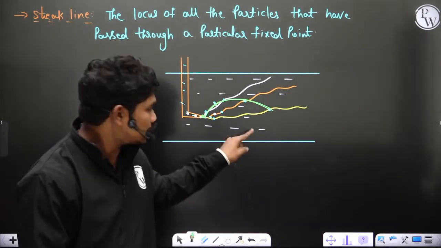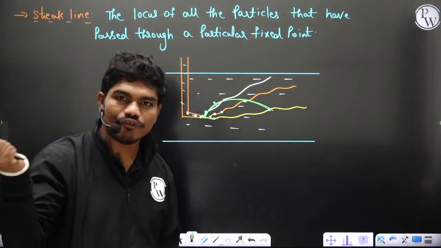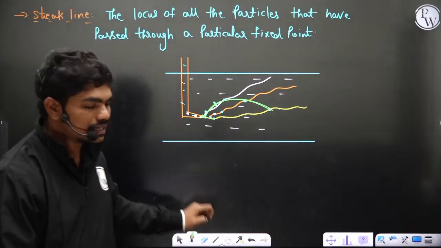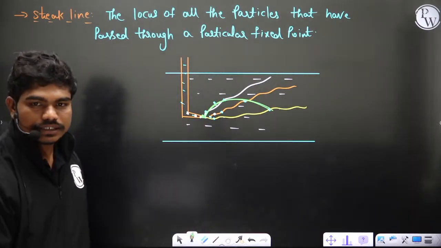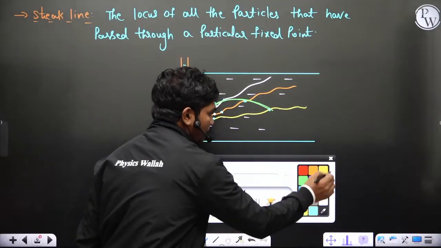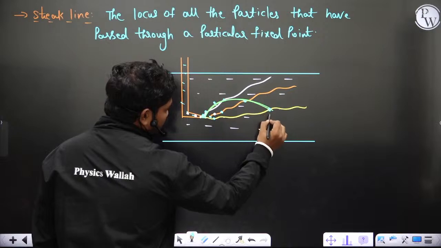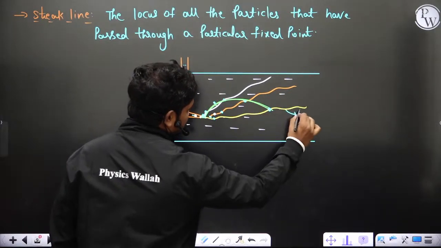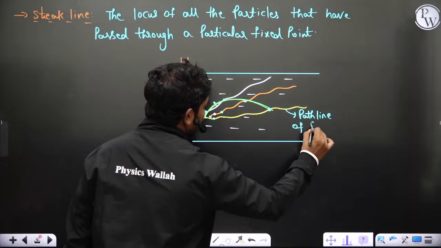The path I have drawn in green color is nothing but the intersection of all the points which have come out to this particular point. I'm repeating, see here. Let us suppose this is the path line of particle 1.